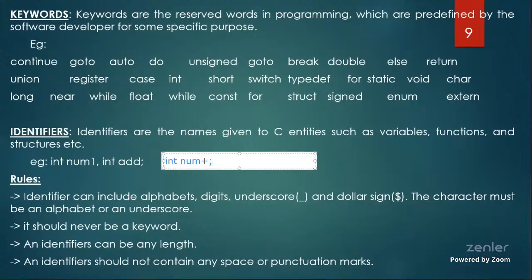Plus has its own meaning, right? We use plus only to add. How can we use it as a variable name? You are not allowed to use that operator. So that is the last rule: an identifier should not contain any space or punctuation mark. These are our rules. Is it clear to you all?